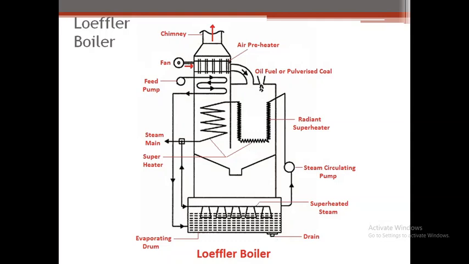From the combustion chamber it is sent to the superheater, which converts the saturated steam into superheated steam, which can be used for rotating the turbine blades.